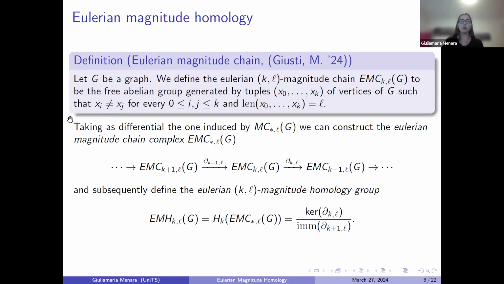And so somehow we call it Eulerian because we are forcing the induced path to be Eulerian. Then this is a subgroup of the standard magnitude chain. So we take the differential the same as before, the one induced by the magnitude chain, and we define homology the same as before.